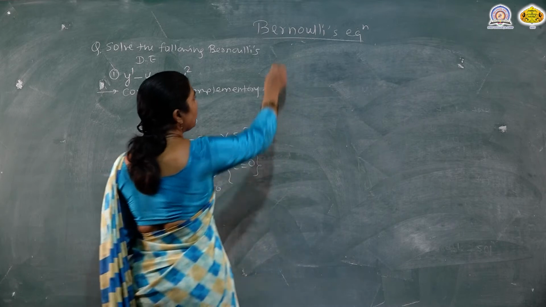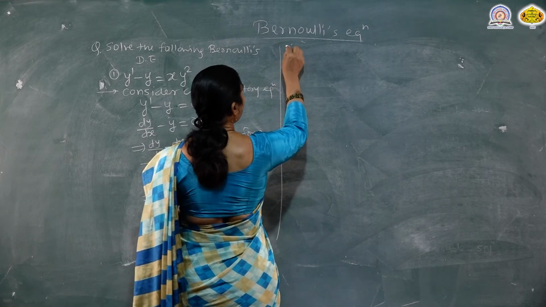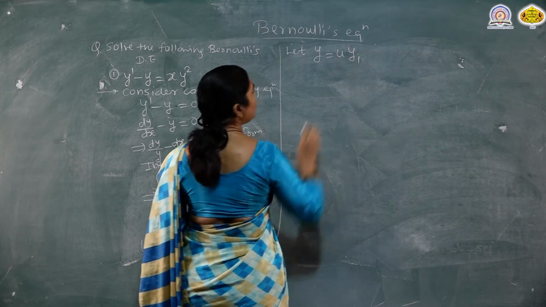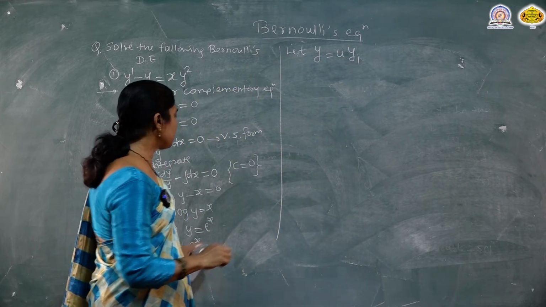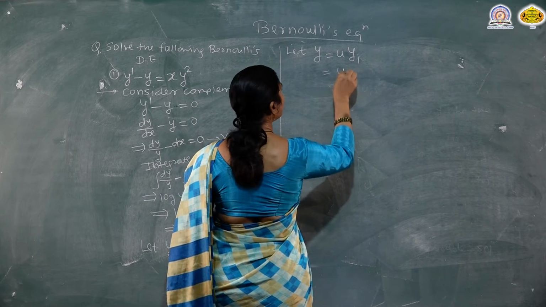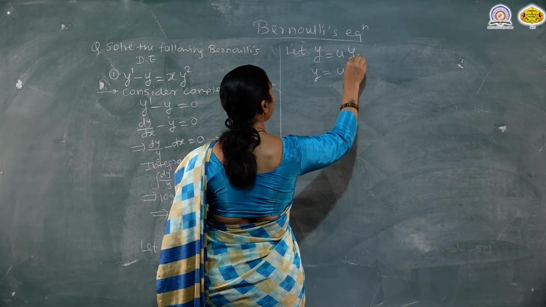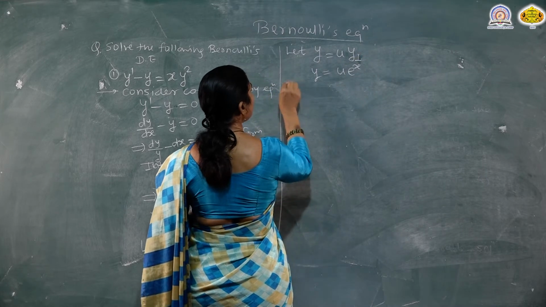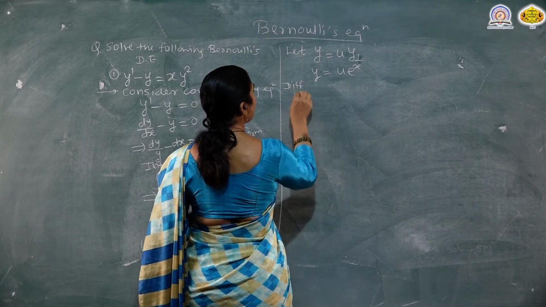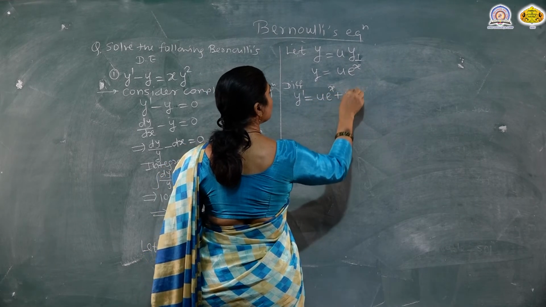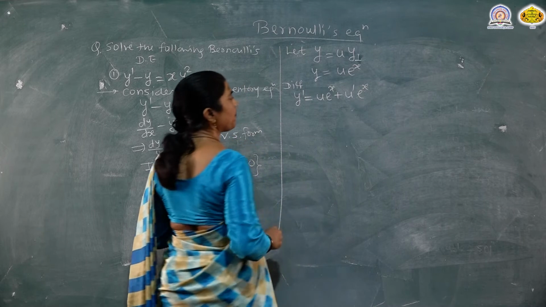Once we get y1, we assume that the required solution is y = u y1. y1 is nothing but e^x, so y = u e^x. Differentiate this with respect to x. We get y' = u e^x + u' e^x by the product rule.